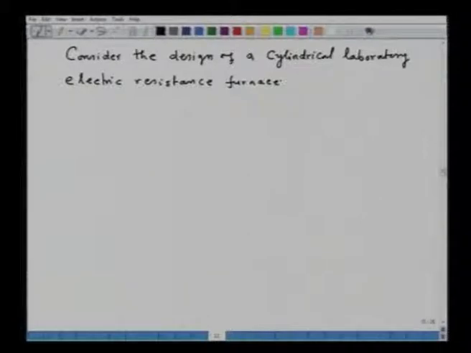They are designed in the laboratory by winding a Kanthal wire on a ceramic tube.